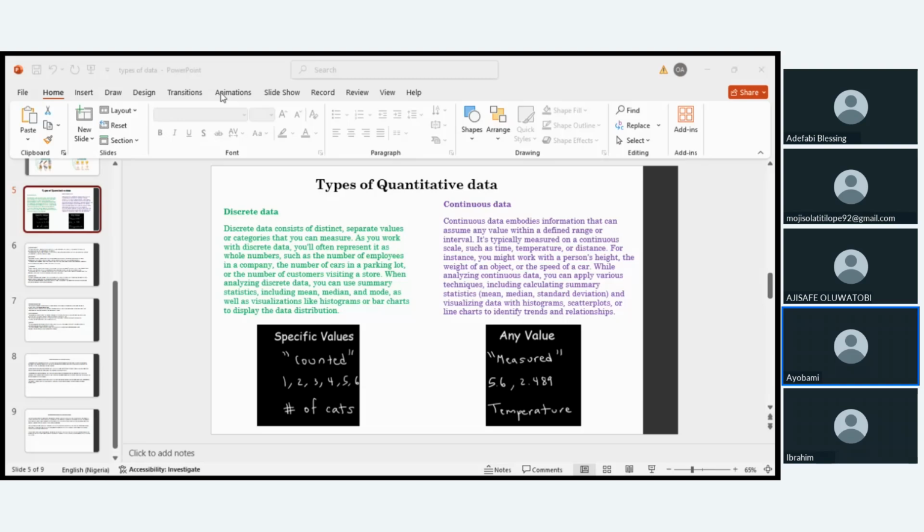Complexity: data can come in various formats, such as text, images, videos, or audios. So when you deal with Facebook, WhatsApp, all of those social media platforms, you are dealing with a database, because everything you say is stored somewhere, and that is why it's not disappearing as they are texting it.